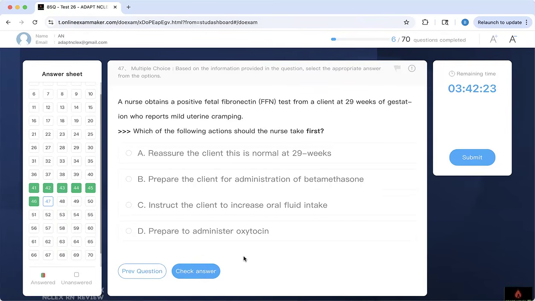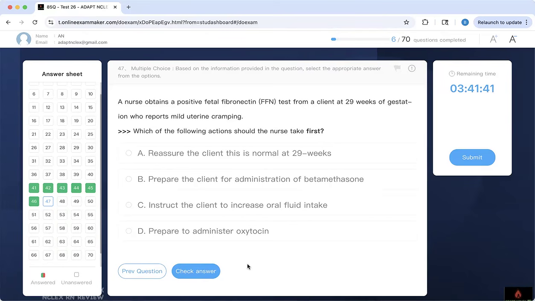After 20 weeks, 22 weeks, we have a problem. You see fibronectin below 22 weeks, that's normal as the placenta matures. And then it comes back again close to delivery, 37, 38, 39 weeks. That means the placenta is ready to let go and the baby needs to be delivered.